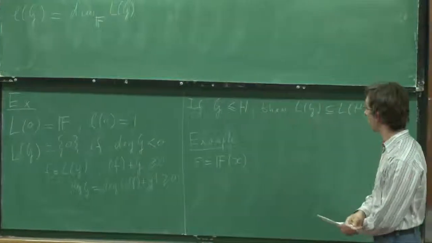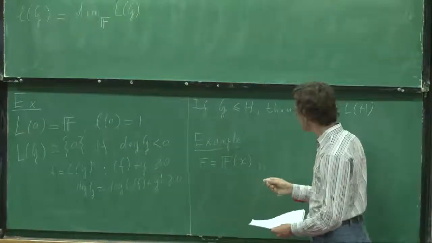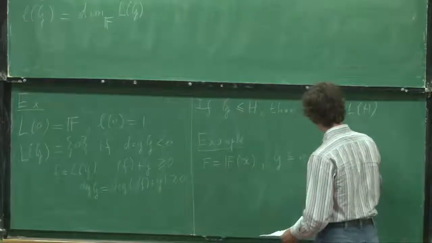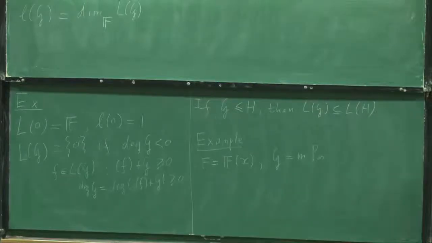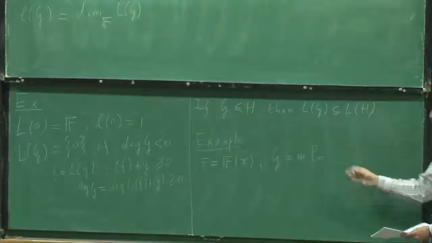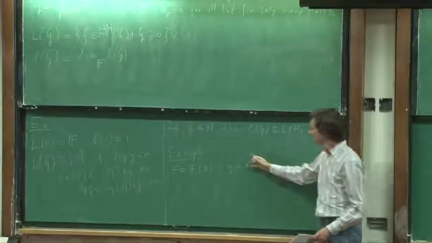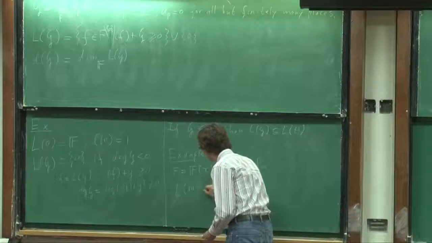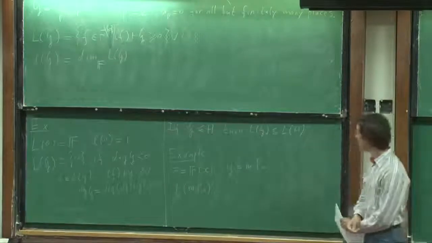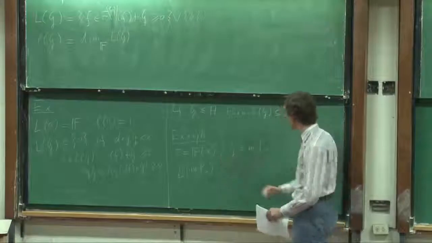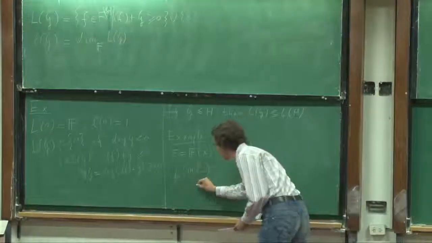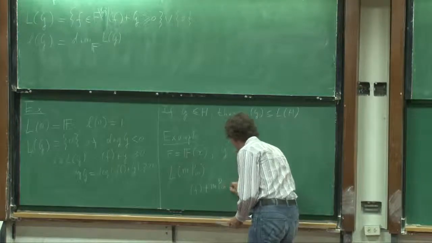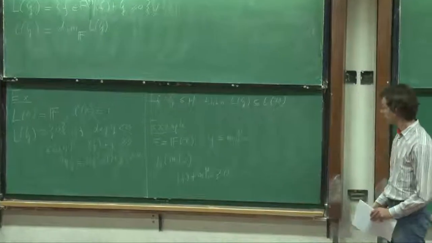So we take the rational function field and we look at a very simple divisor, just a multiple of this point at infinity, this P infinity, this place at infinity, I should say. So what do we have in this case? Well, this L of mP infinity, if we look at the condition that any element in here has to satisfy, the divisor of f plus m P infinity should be effective.